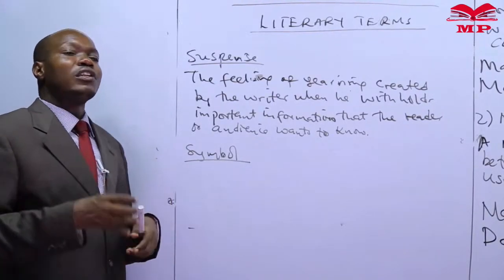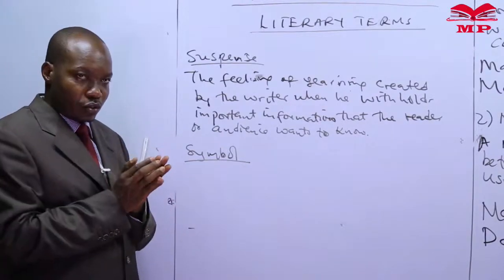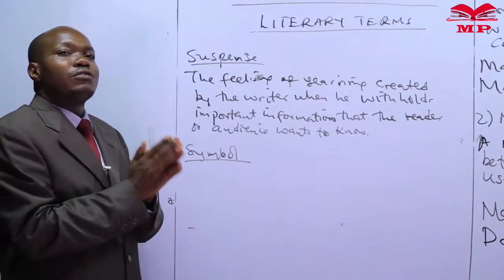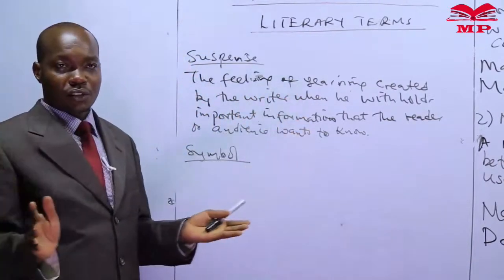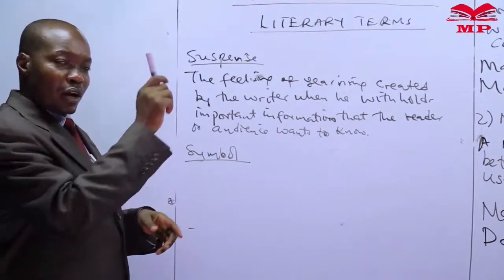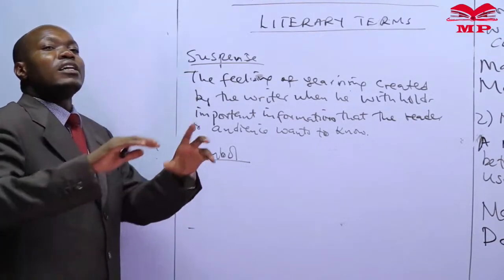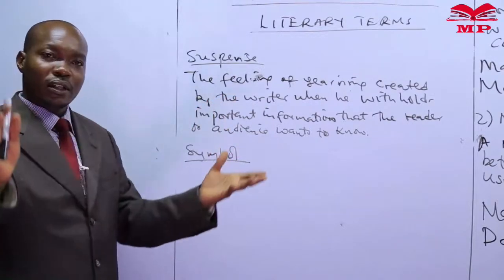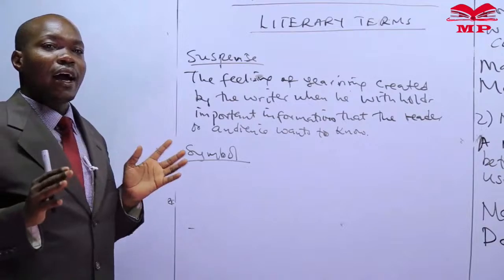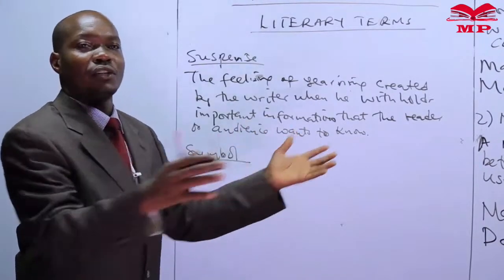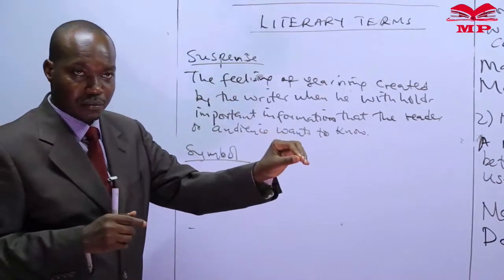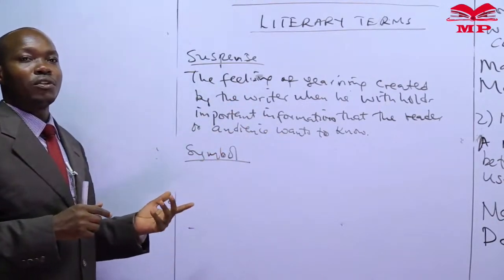For example, the president is one person, but the president stands for unity of the whole country. So it's a symbol of national unity. He represents the whole country. When the president goes out of this country, he's going there as Kenya, not as one person. We call that symbolism or a symbol.